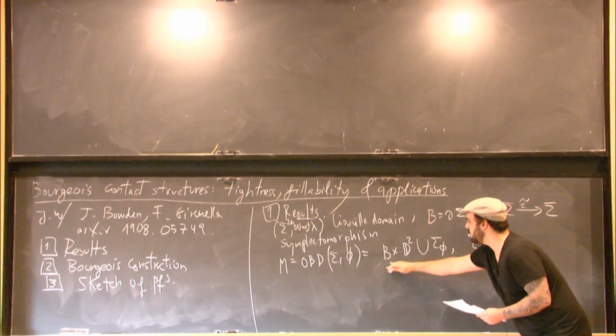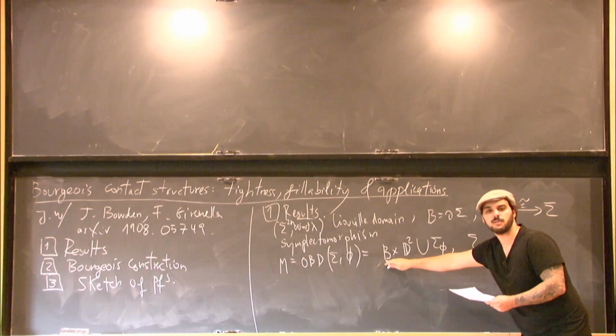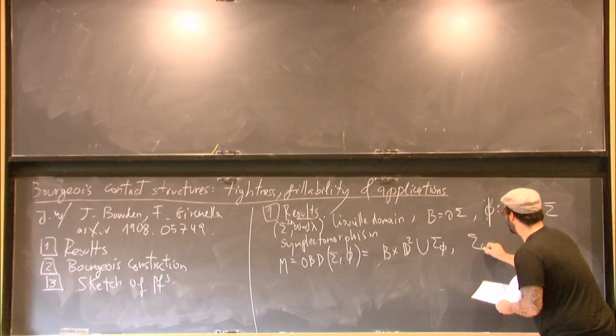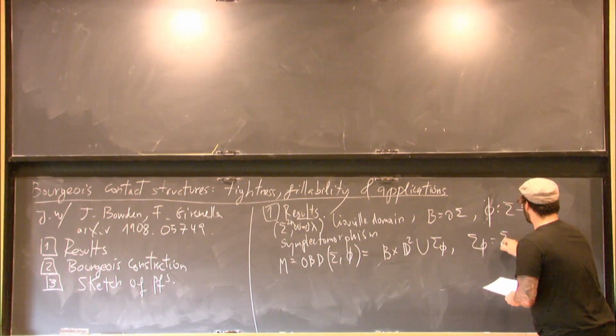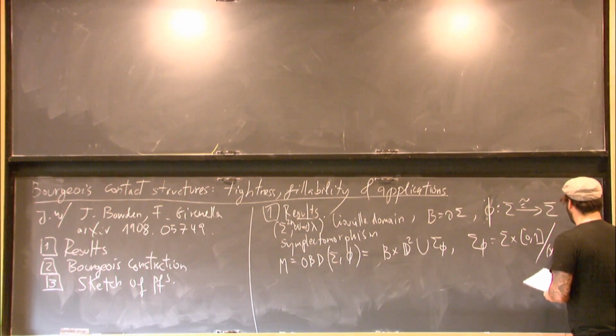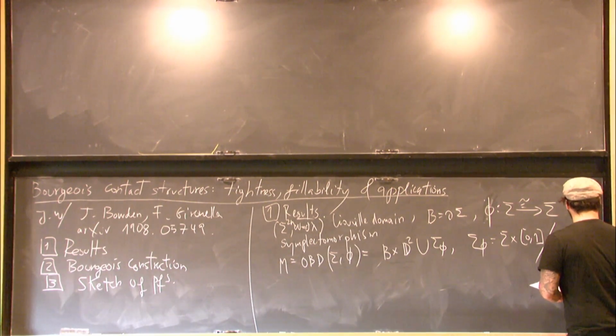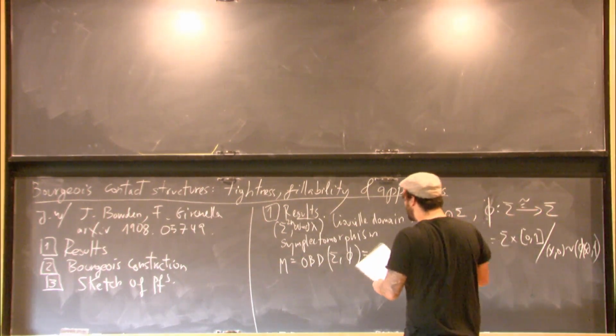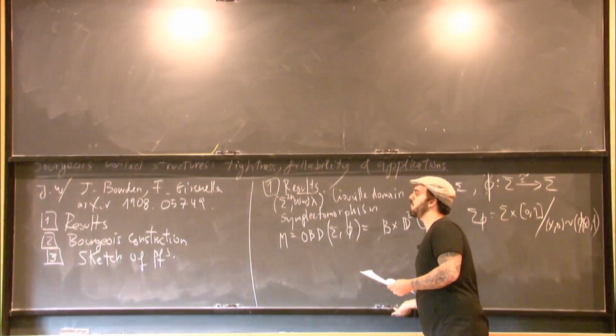I have one piece which is the polar neighborhood of B, which is going to be the binding, and there's some mapping torus piece associated to this monodromy. Right, so this is my notation for an open book decomposition.